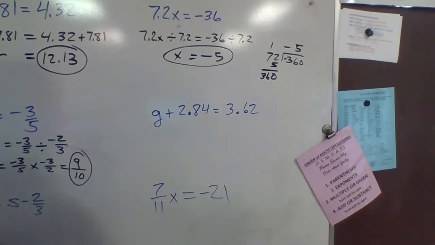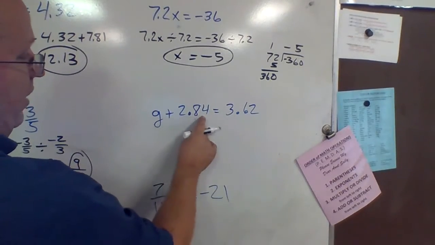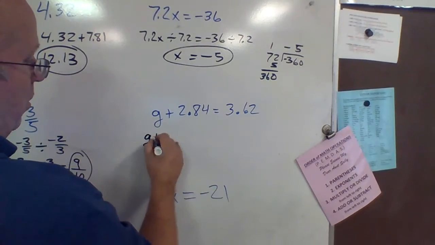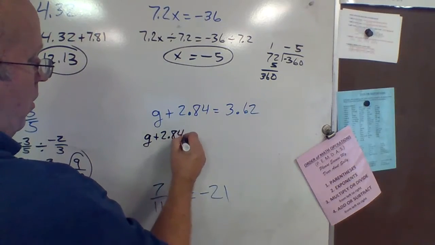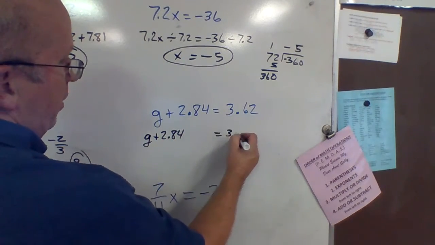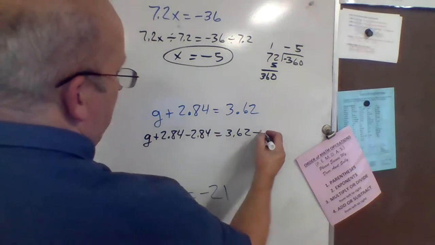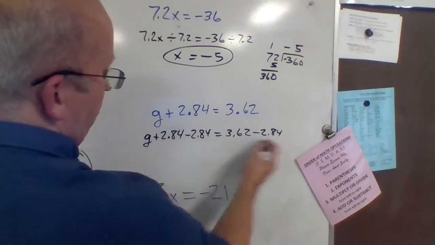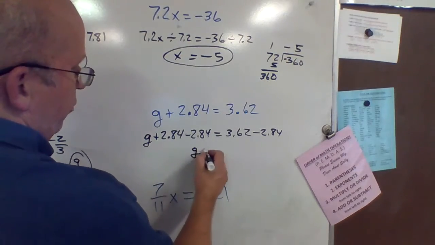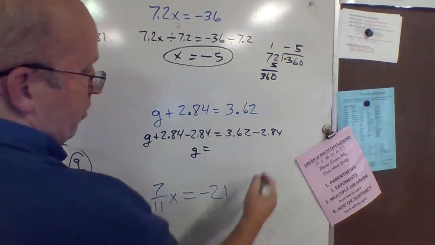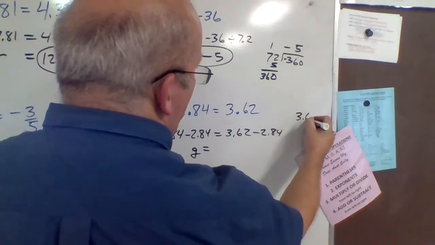There she is. What's the opposite of adding this to g? Wouldn't that be subtracting it? Yes, it would. From both sides, over here we're left with g. I don't know what that is, so I'm going to have to do the subtraction.